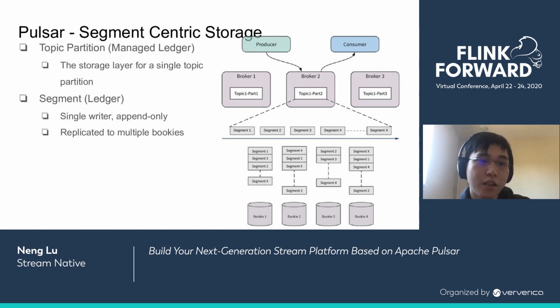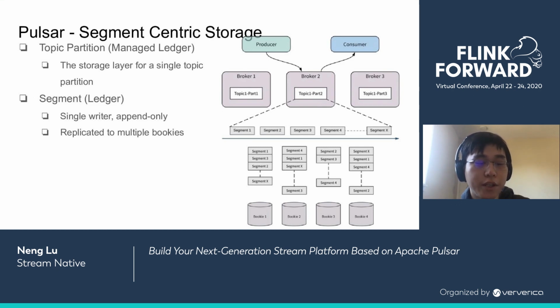Also, it's a segment-centric storage. We already know that Pulsar abstracts data as a segmented data stream. So for each topic, we have partitions, and each partition is abstracted as a managed ledger in Pulsar. In each managed ledger, we have multiple segments, each one represented by a ledger in the storage system, BookKeeper.